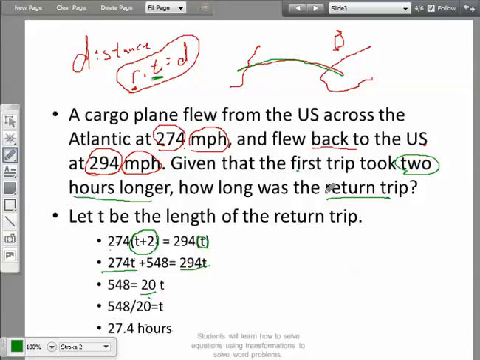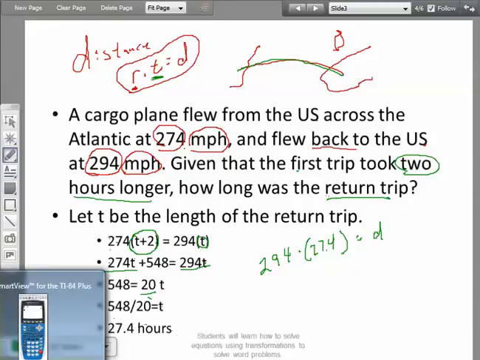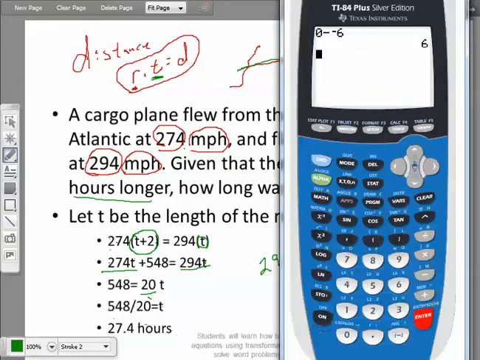But if the question was, how long was the return trip? Maybe they're wanting the distance. So I could at this point say 294 times 27.4 would give me the distance. That is just a multiplication that I am not able to do in my head.